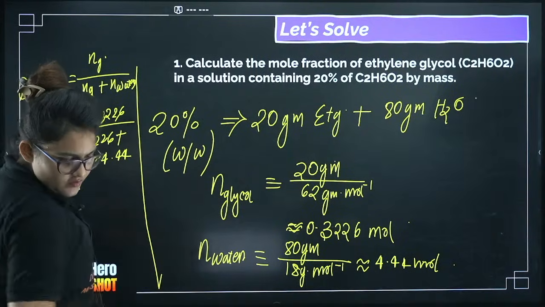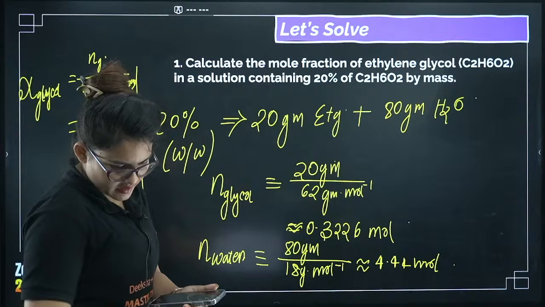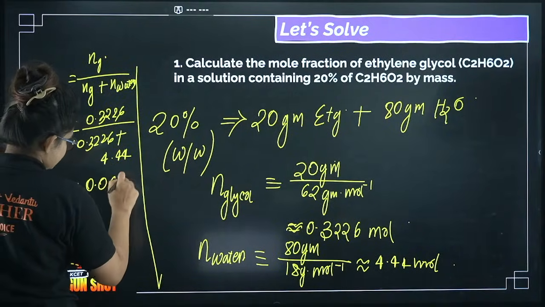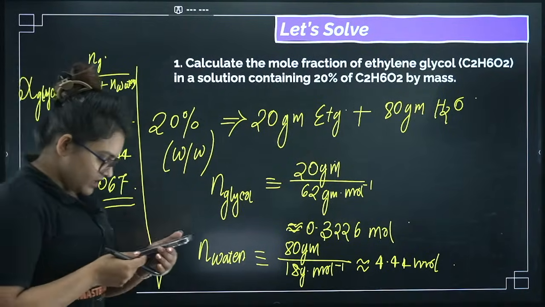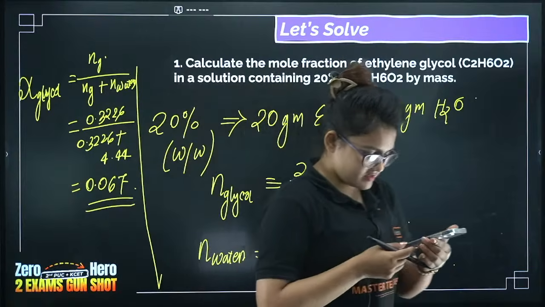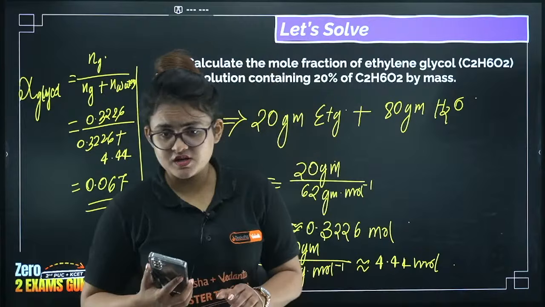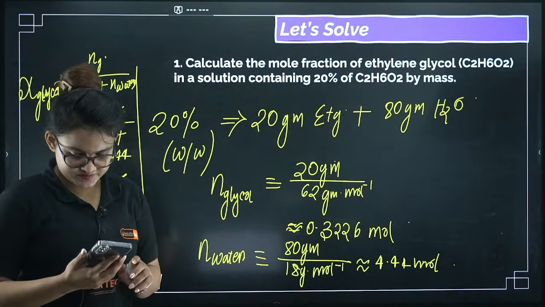If you calculate this, your answer will come as 0.067. Okay, I can see Nusrat, very good. Please keep solving with me. This is going to be the answer for this particular numerical.